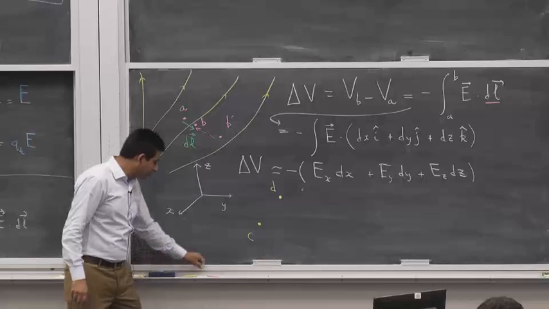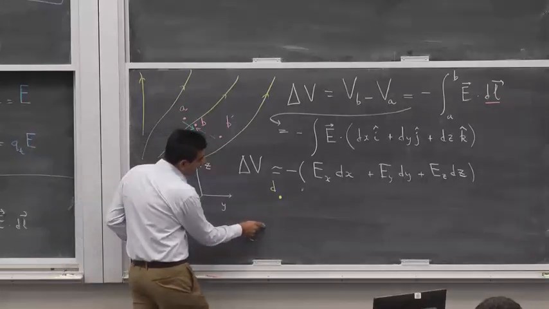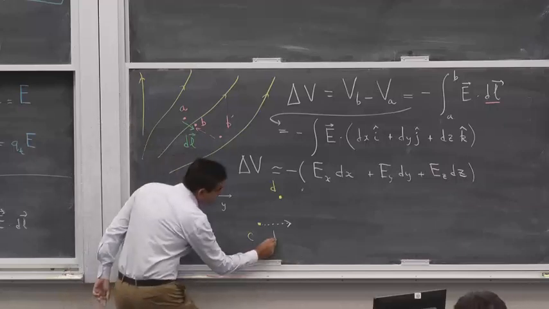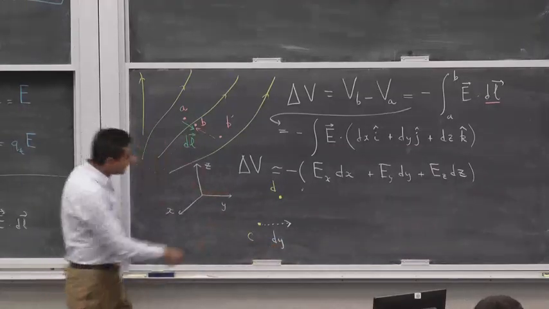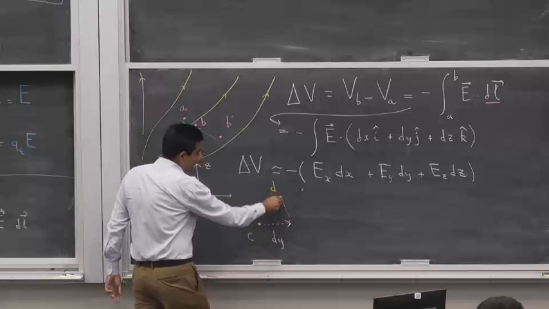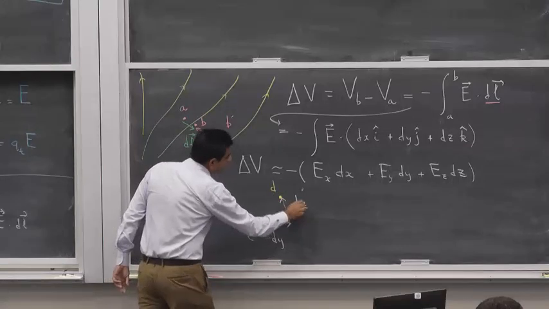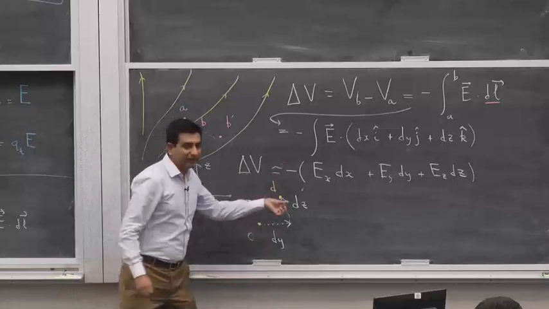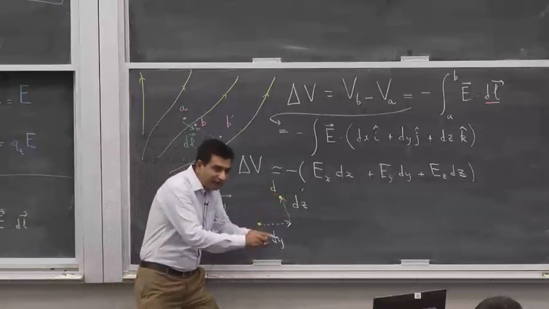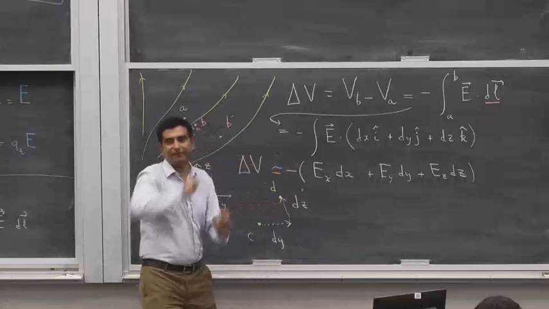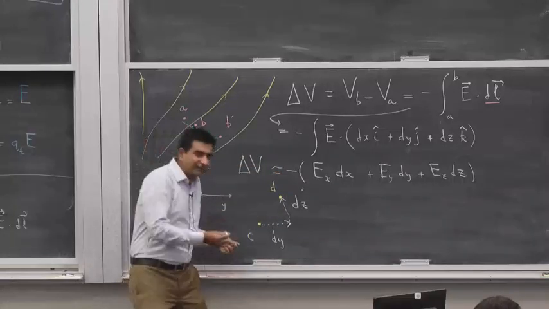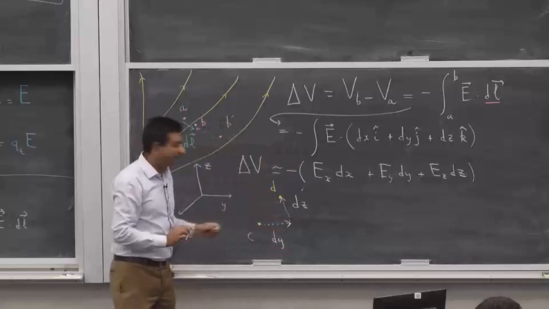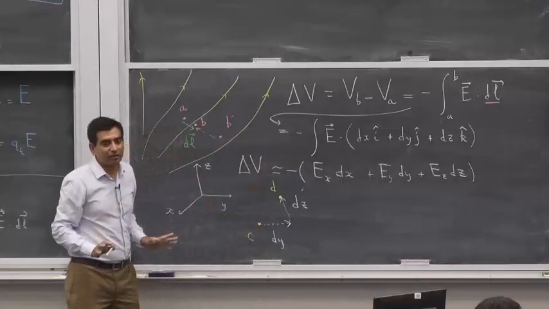What I could do is first move along the y-axis through some dy, and then move along the z-axis through some dz, and I will reach this point D. If this point D were outside the plane of the blackboard, then I could move along y, move along z, and then move along x. Or I could first have moved along x, then along y, then along z, it doesn't matter. If these distances are really small, it doesn't matter at all.